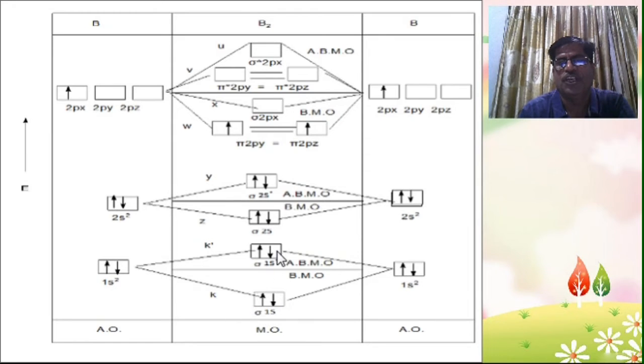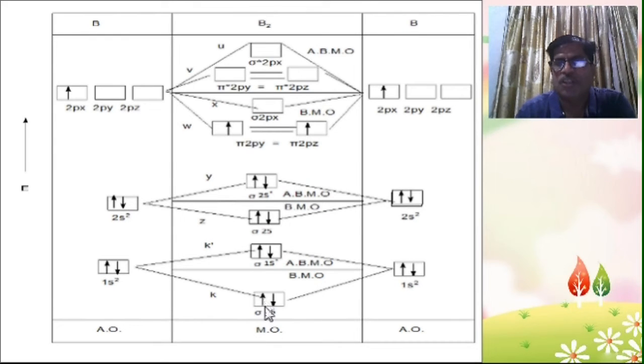Similarly, 4 electrons fill the 2s orbitals. In the p orbitals, one boron has 1 electron and the other boron has 1, so the total number of electrons in p orbitals is 2. One fills pi 2py and the other pi 2pz.